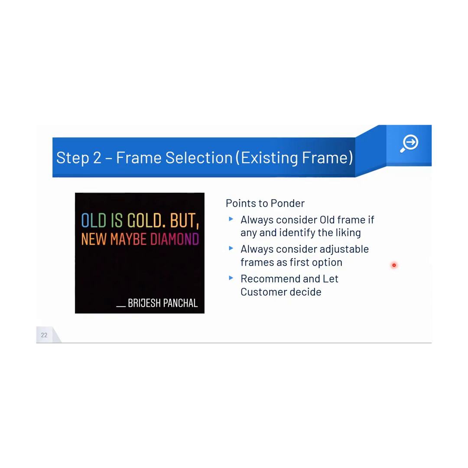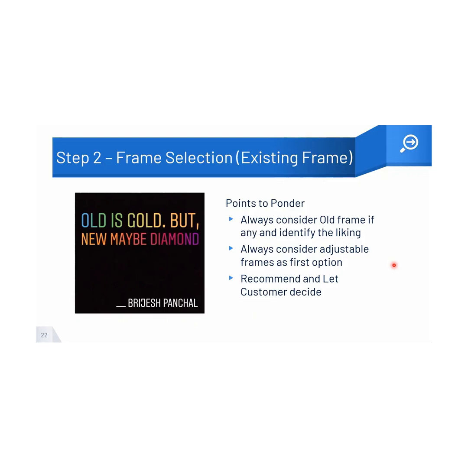For you to be sure whether you can dispense or not, there are three recommendations. One is to check the old frame. When you check the old frame, you get to know what kind of shape, what kind of color, and what the customer's preferences are.